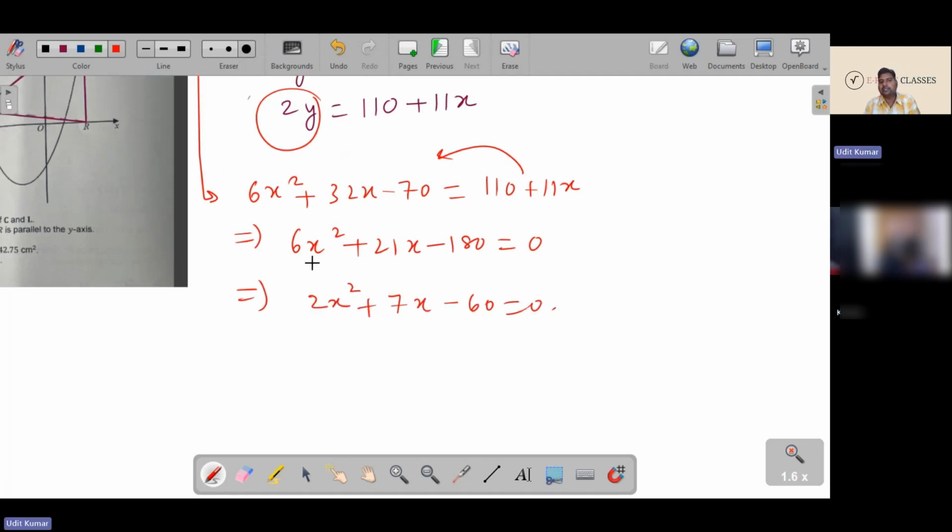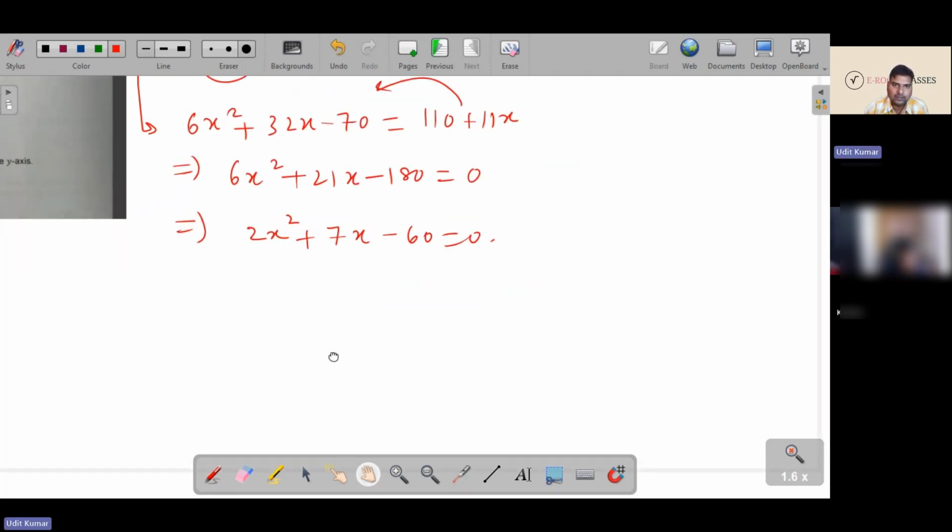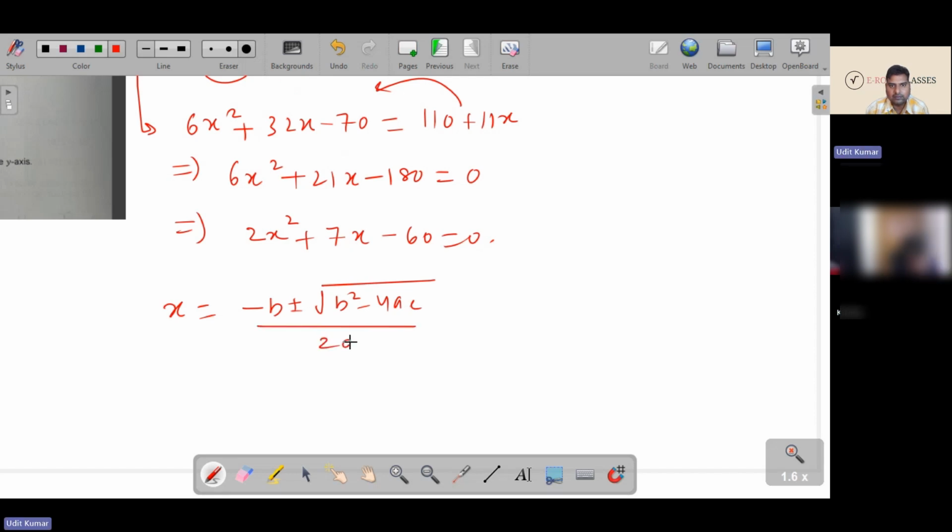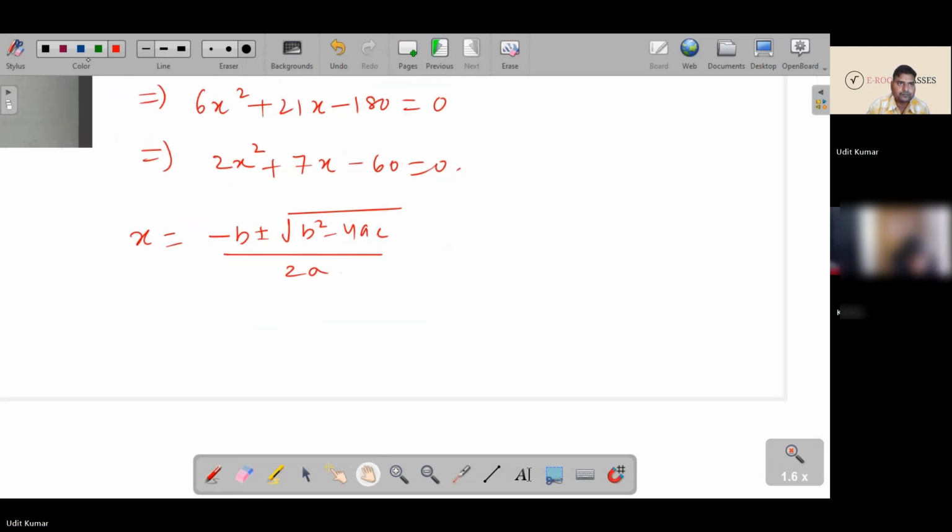So if you take 3 out, this will be the result. And then if you use the quadratic formula, x will be minus b plus minus root of b squared minus 4ac divided by 2a. Find the value for x.